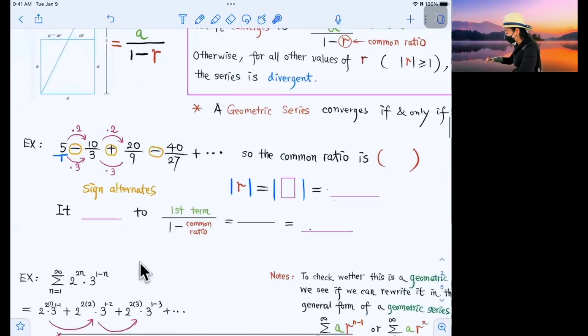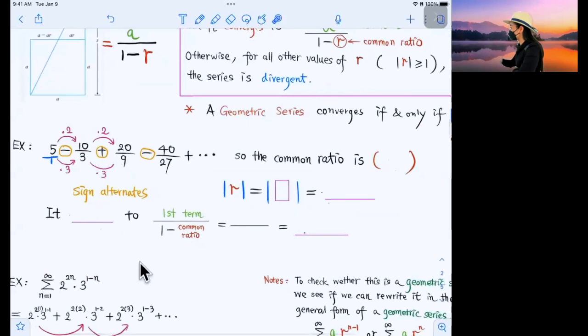So what's the common ratio then? It's negative 2 over 3. Yes, because of the alternating sign. When the common ratio is negative, every time you multiply by it, the sign alternates. The 2 comes to the numerator and 3 to the denominator, and the sign alternates. So that's why it's negative 2 over 3.